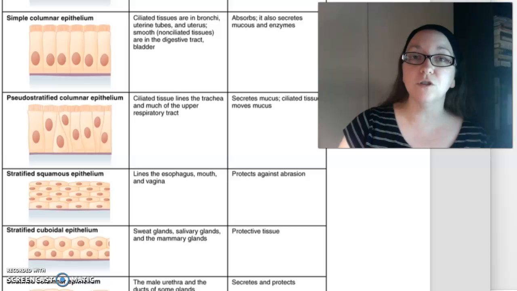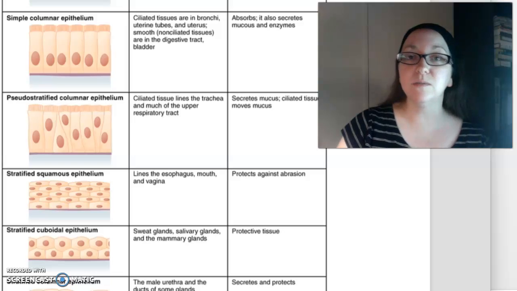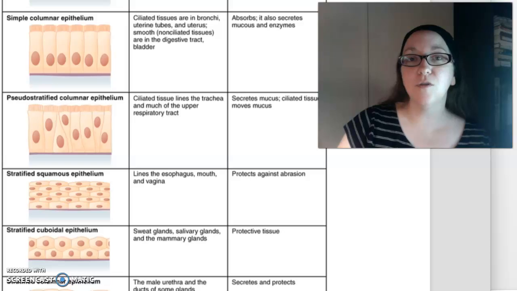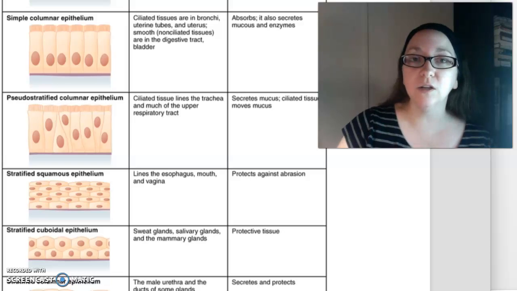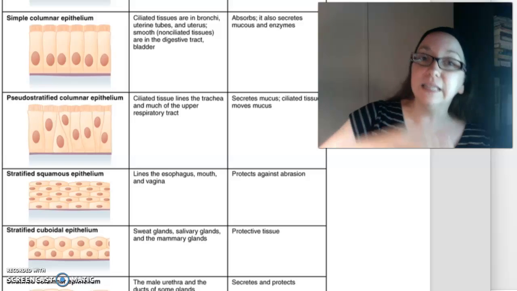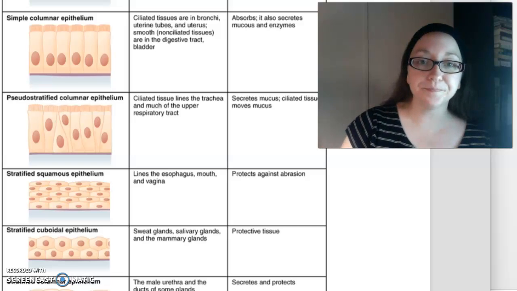They have to absorb all those nutrients, but you need time to break those down. You also need to secrete things in the same area, so you need some cells that can secrete mucus and acid, and so they need a little more structure. They need a little more functionality there, rather than the quick absorb and secrete. So the digestive tract has a little bigger type of cell in that simple columnar.